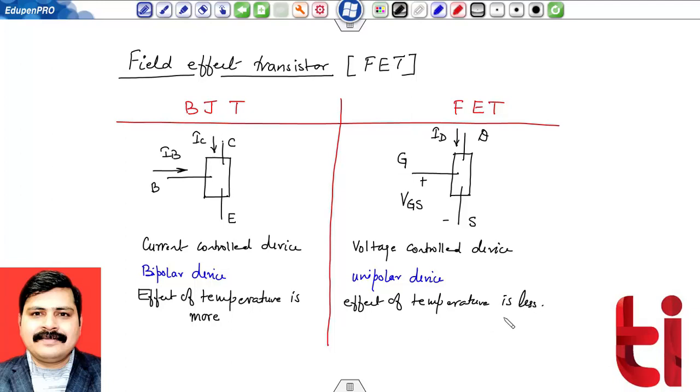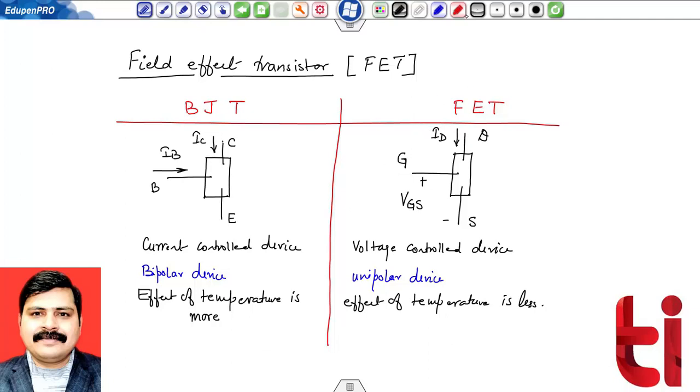This is a very interesting comparison, and just because of this, FETs are preferred over BJT. And second, especially for IC fabrication, FETs are more effective in comparison to the BJT.